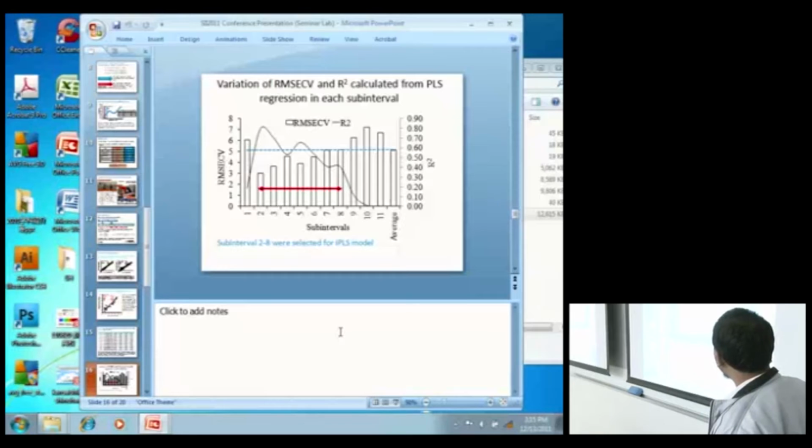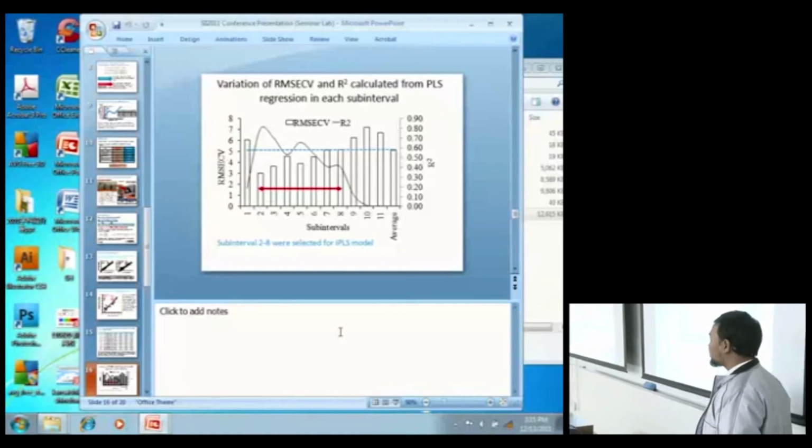So that's why at the start of the low frequency the result was not so good, and after that it's okay, so we can use it. Okay, thank you anyway.